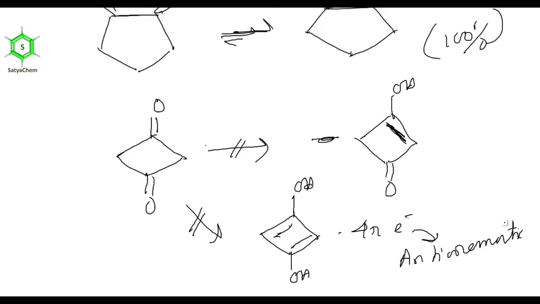So an anti-aromatic system is very less stable. Clear? So two effects: one is the anti-aromatic effect and the other is 2 double bonds in the 4-member ring, which is a very strained system. Clear? So that is why enol content is not possible for this compound.